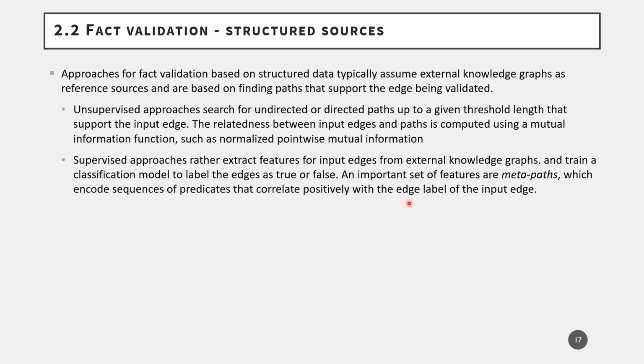The relatedness between input edges and paths is computed using a mutual information function, such as normalized pointwise mutual information. Supervised approaches rather extract features for input edges from external knowledge graphs and train a classification model to label the edges as true or false.